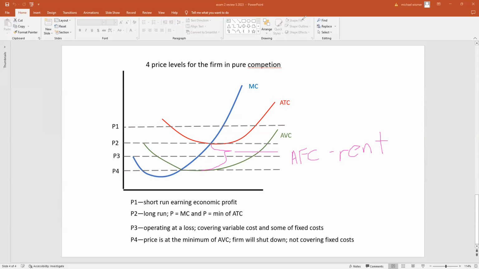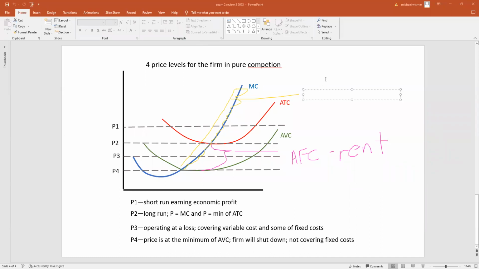See how yellow shows up here. That idea is that everything above the minimum of average variable cost on that marginal cost curve is the supply curve for the firm in pure competition.